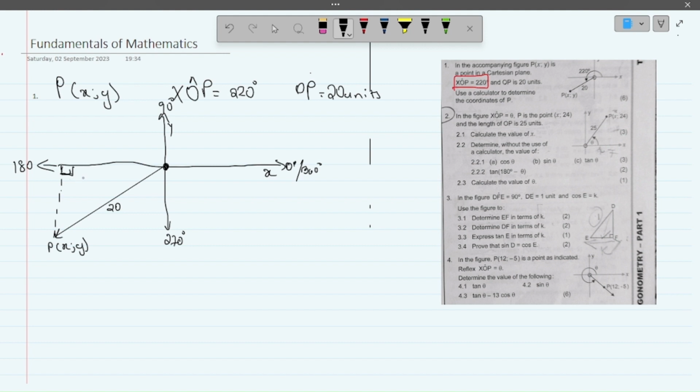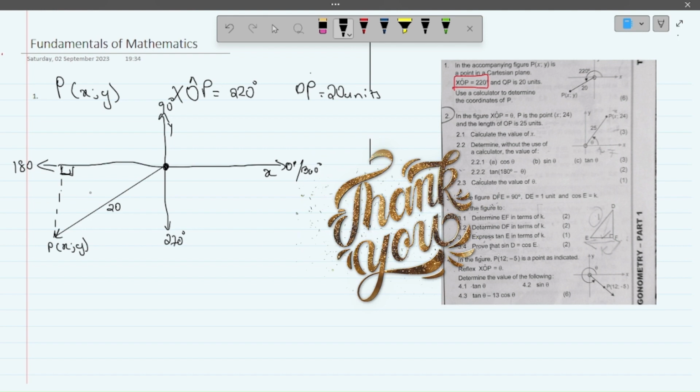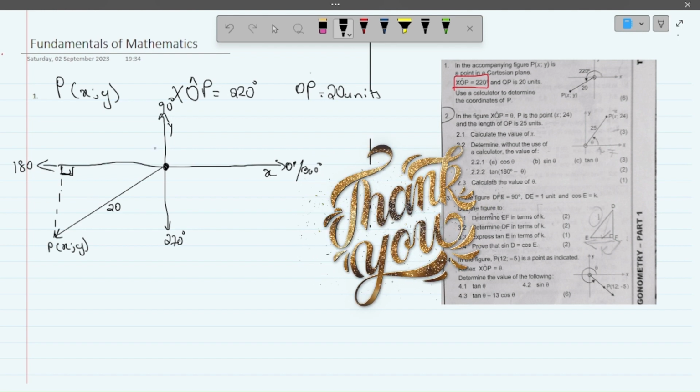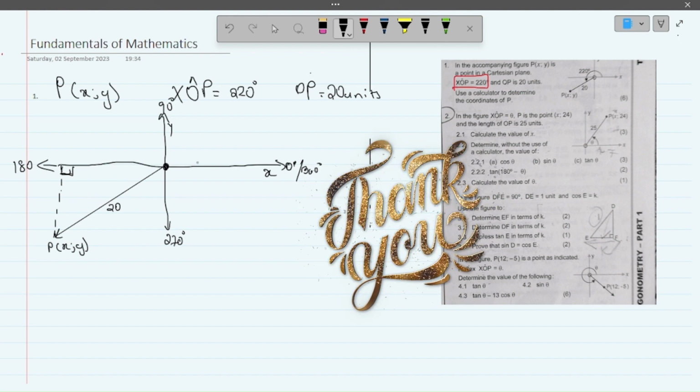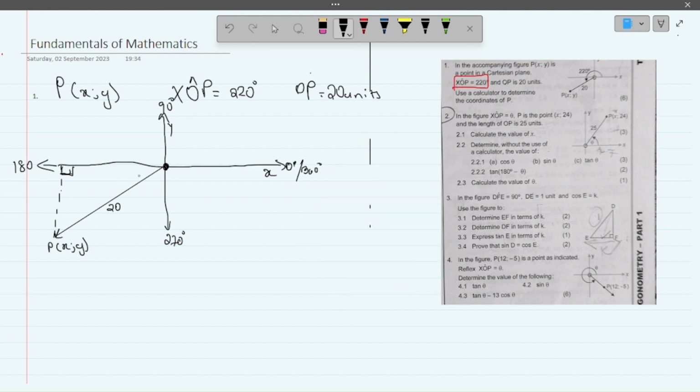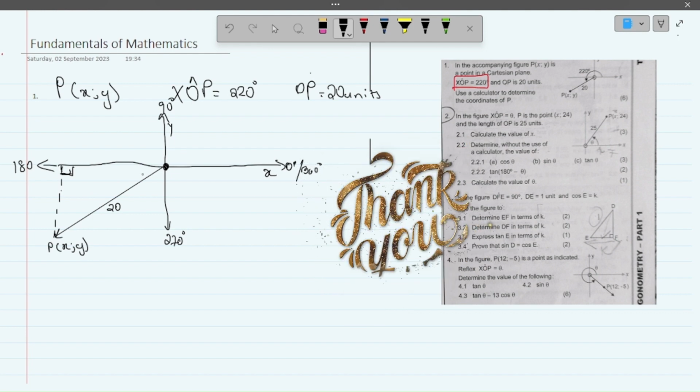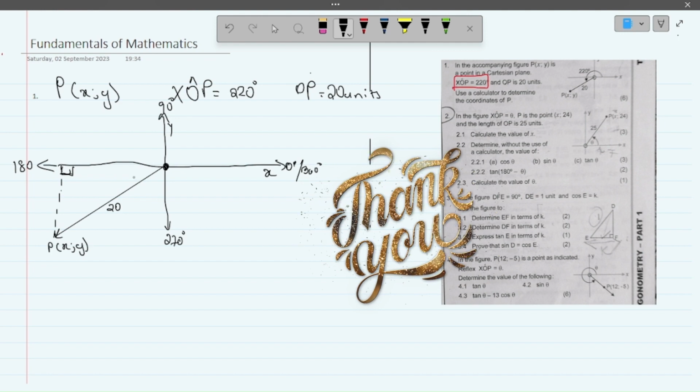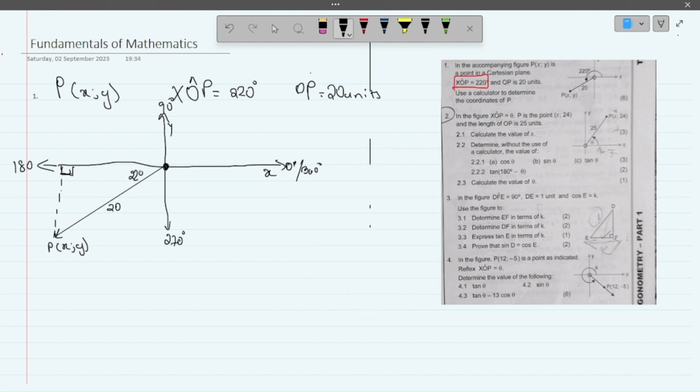So the y line is going to be the vertical line, perpendicular to the horizontal x-axis. We are told that the angle between the x-axis and OP is 220 degrees.